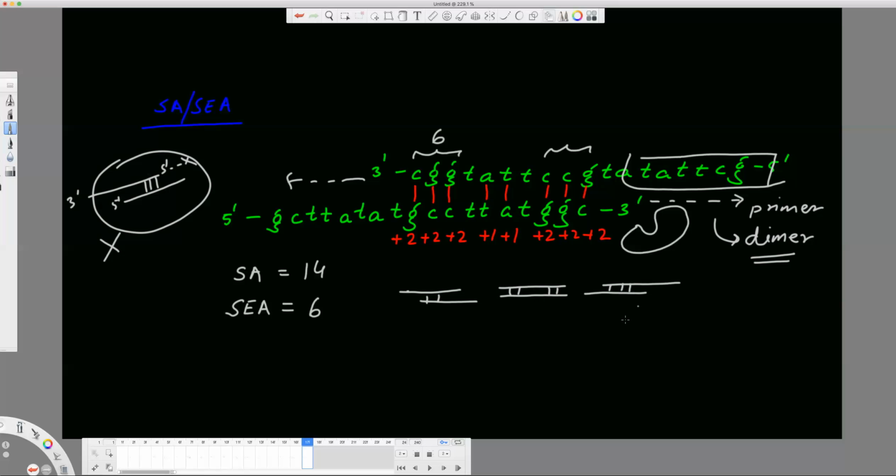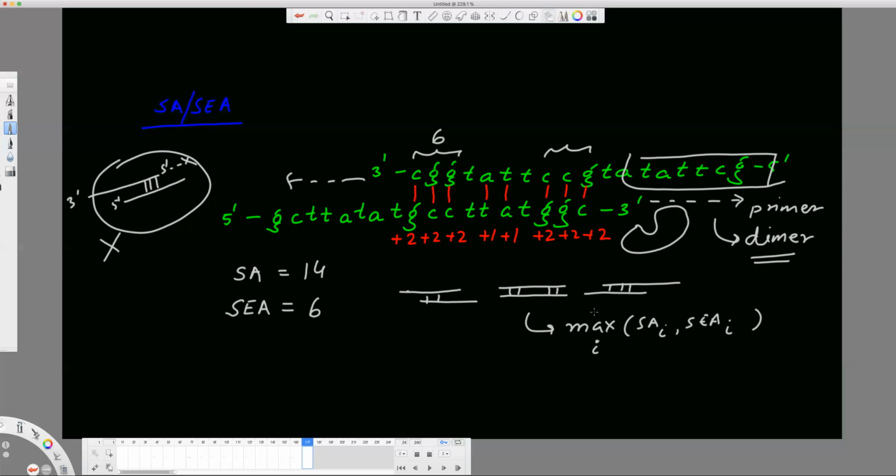So how do you decide which one to be used? You look for the worst score, which means the max over i of SA, and SEA. Here i is the index of each of these combinations.